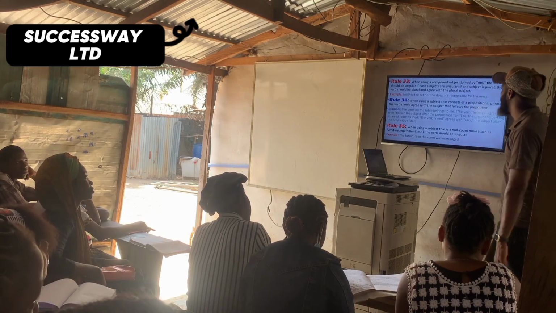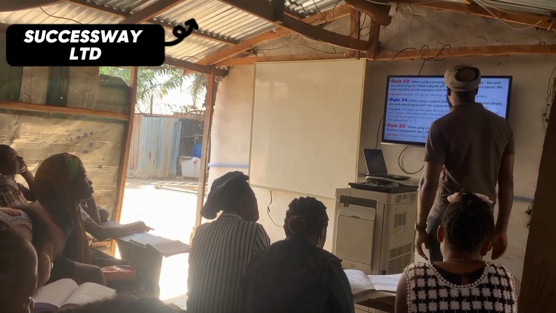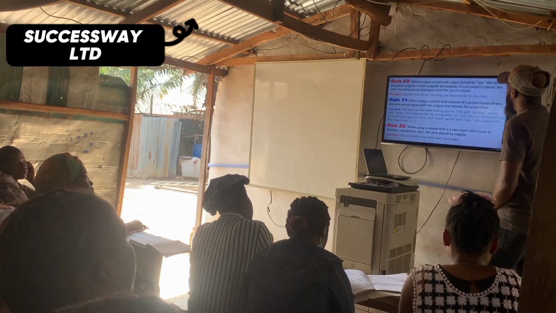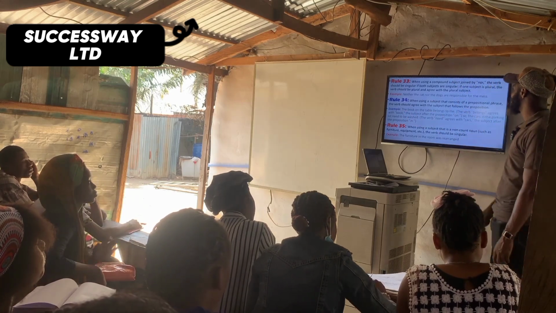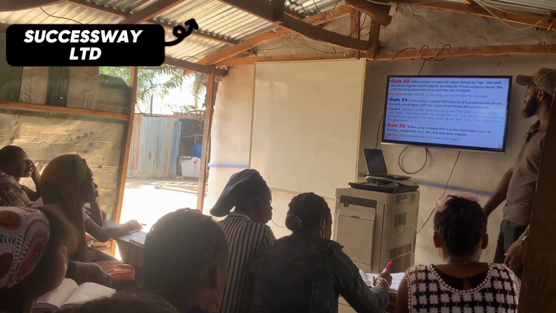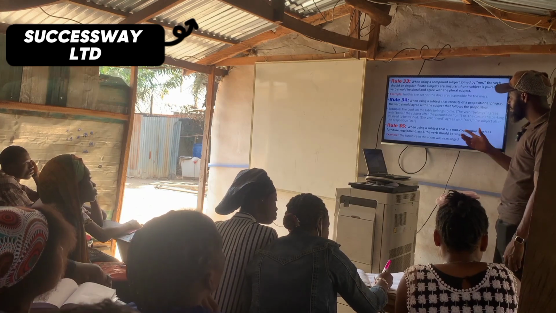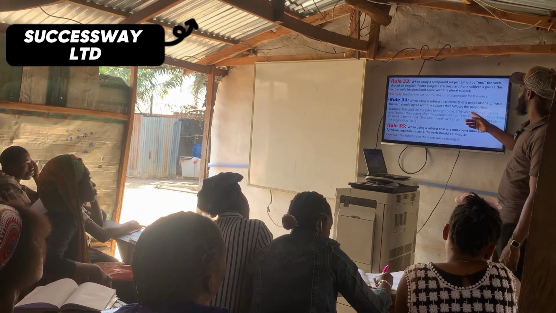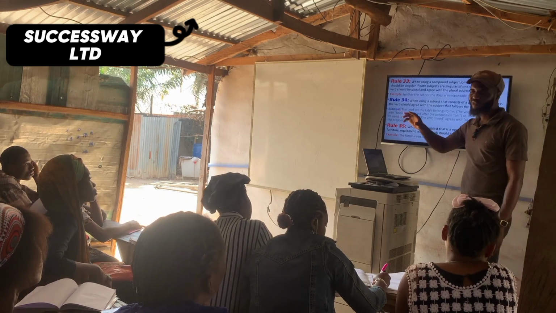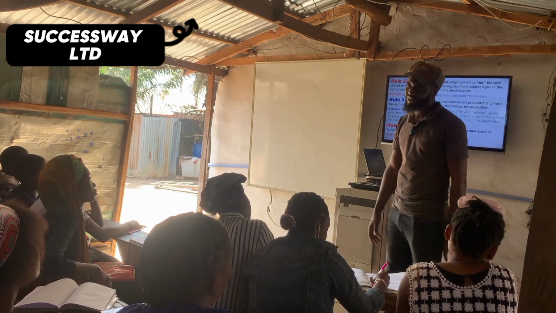Rule 34. When using a subject that consists of a prepositional phrase, the verb should agree with the subject that follows the preposition. The book on the table belongs to me. We are looking at the subject, right?